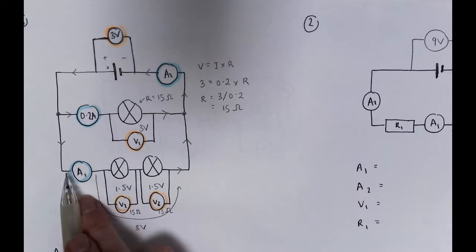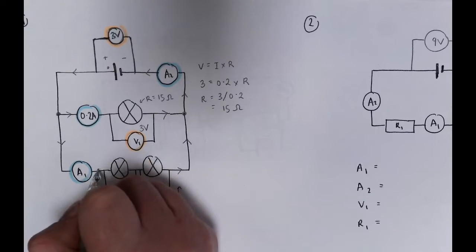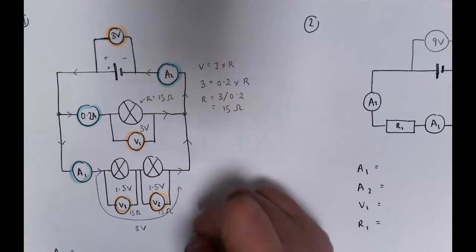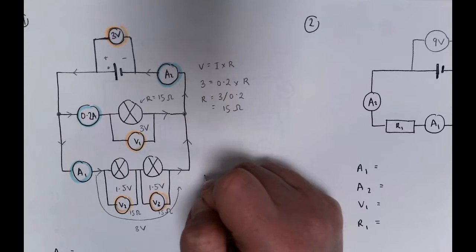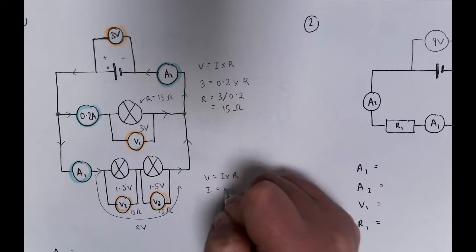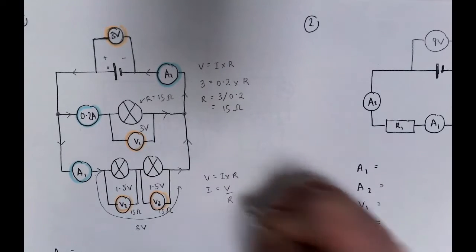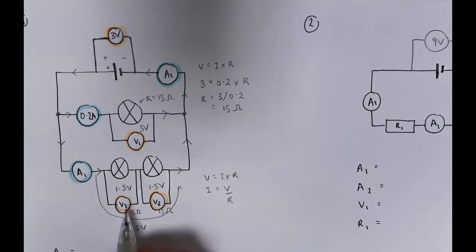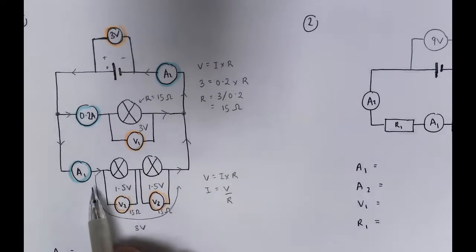Now, we can work out the current flowing into this light bulb, because, again, V equals I times R, we can rearrange for I is equal to V divided by R. We know that this light bulb, when it was 15 ohms, because they all have the same resistance, could only take 1.5 volts on this loop.